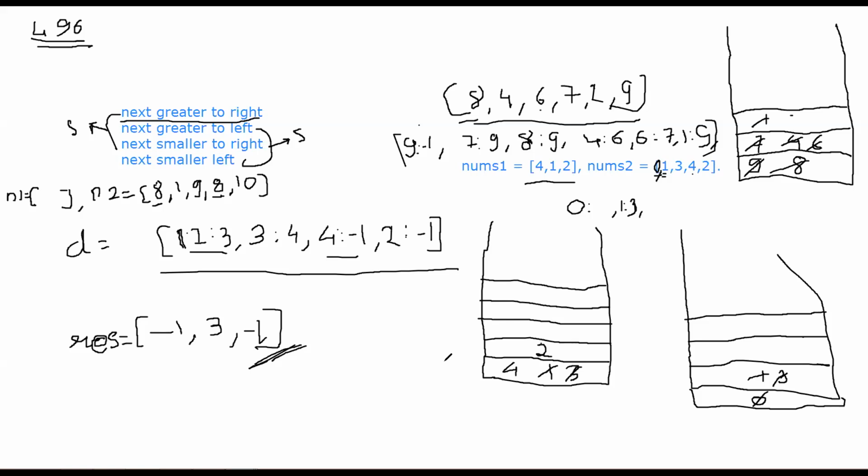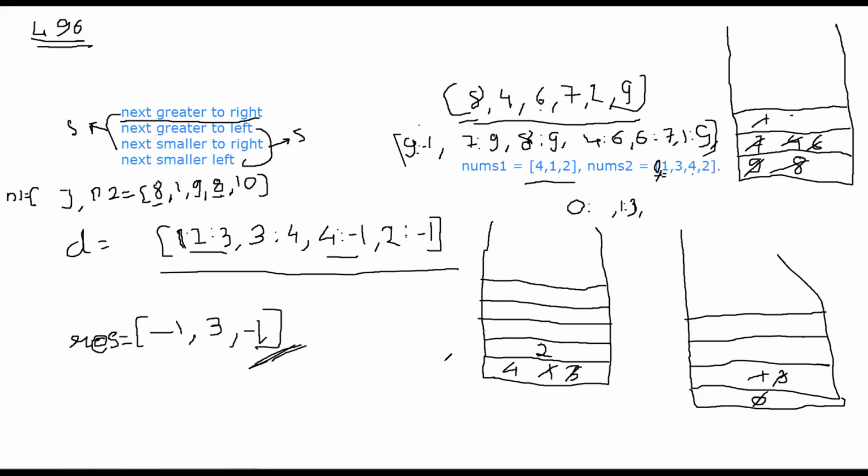And if they say next smaller, you make it ascending. So it's always opposite to what the intention is.